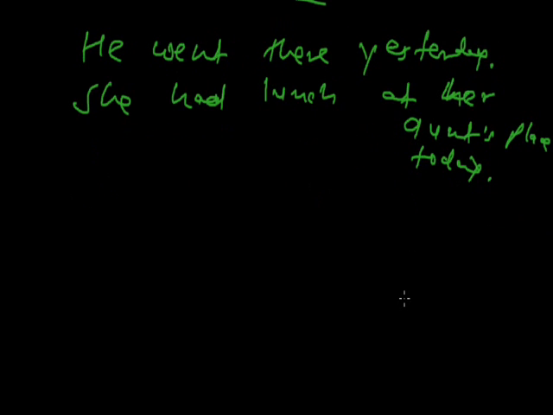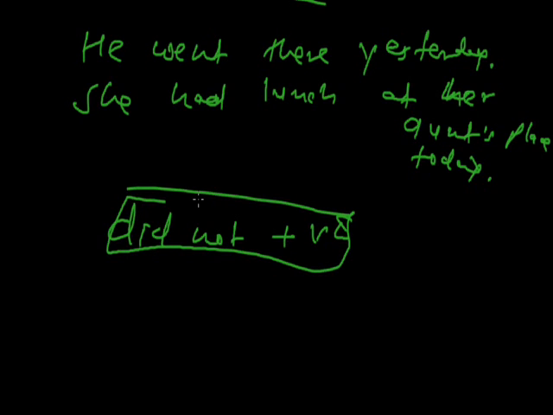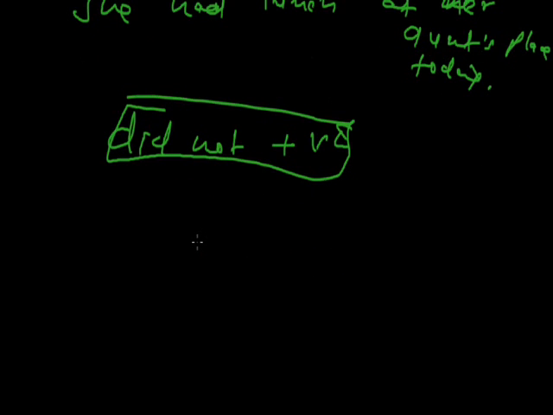How do we do that? The negative will be formed by using did not plus first form. How? Did not plus first form. He went. Fine. In the affirmative it has to be second form, he went, but in the negative it has to be did not plus first form. What is the first form of went? Go.